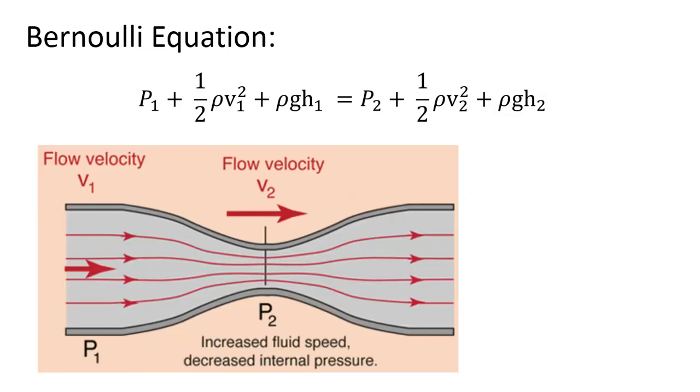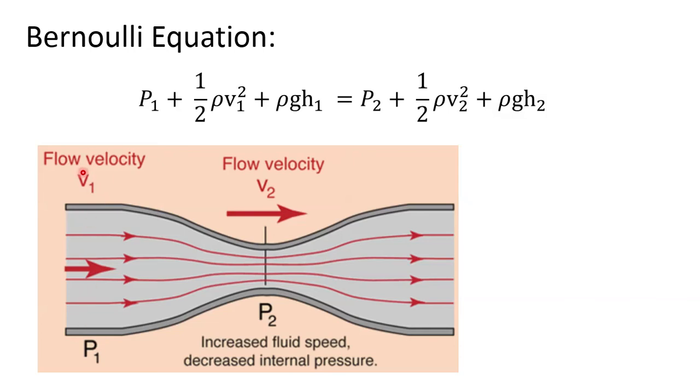I'll start with the diagram here and try to connect the equation to the diagram. First of all, on the right, you'll notice a lot of terms that have ones on them. That's going to refer to this area here, where, imagine it's a pipe, and you have fluid flowing through the pipe. V1 in this equation is just the flow velocity in this larger diameter section of the pipe.